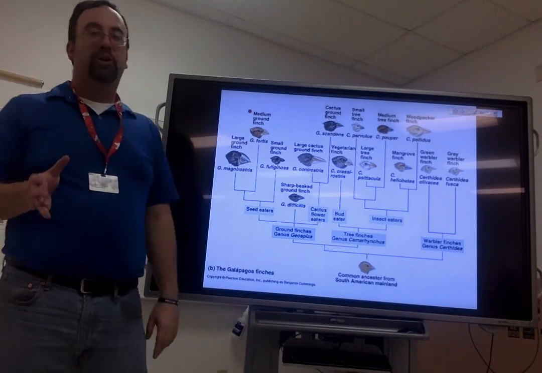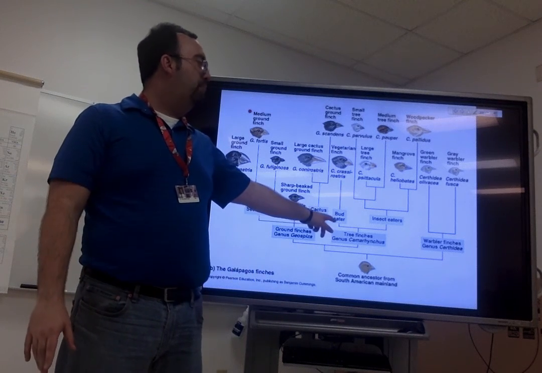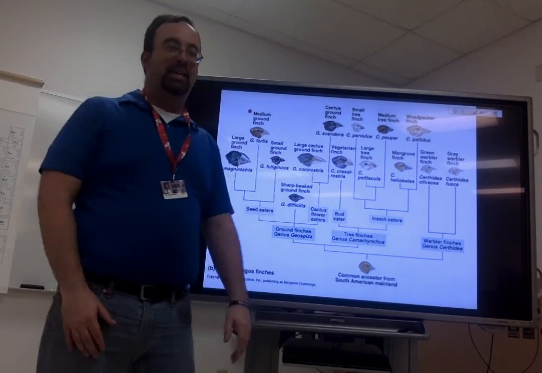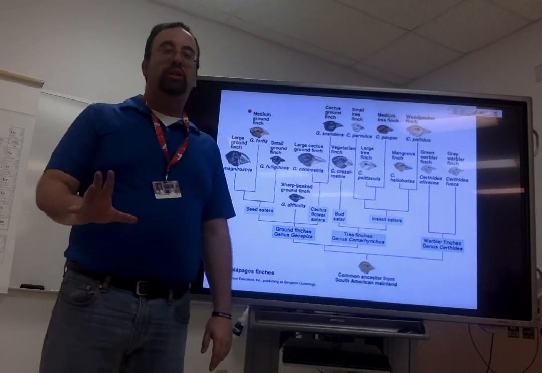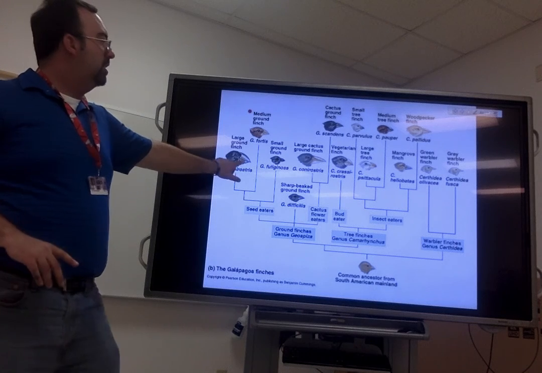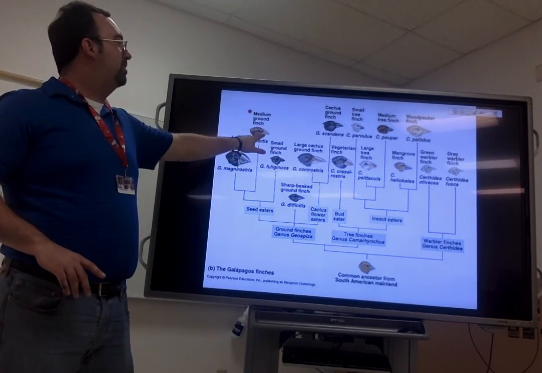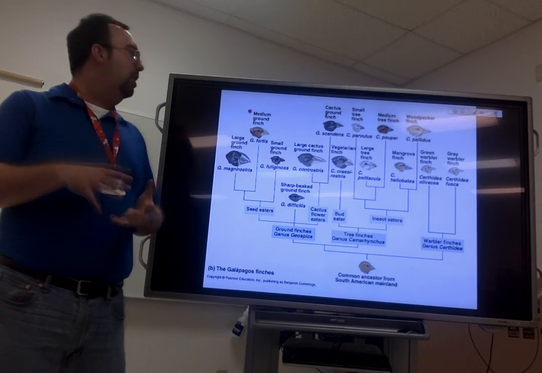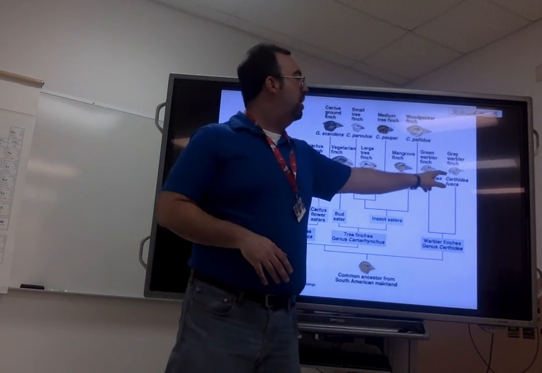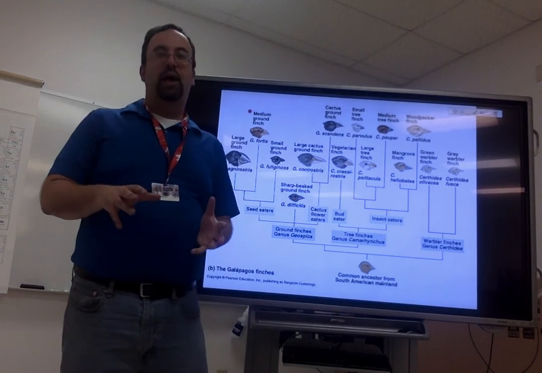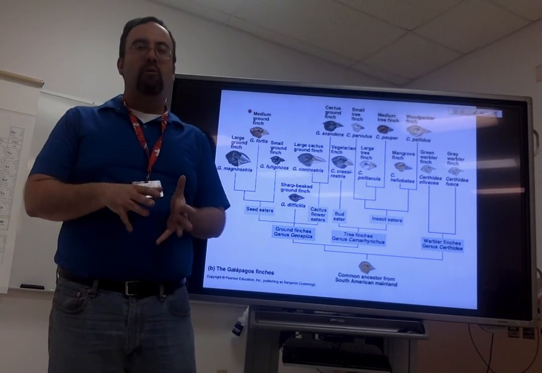In the tree finches, we have a bud eater, so bud is a part of the plant, and the insect eaters. Notice that the beaks for these finches tend to be longer, or wider and shorter, whereas the ones over here, the bud eaters or insect eaters, tend to have smaller, narrower beaks.